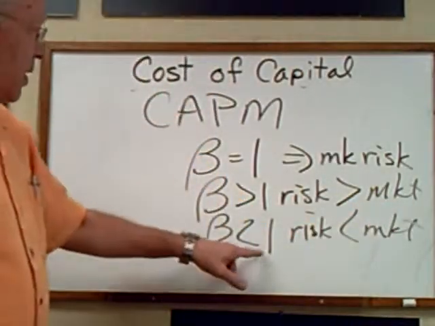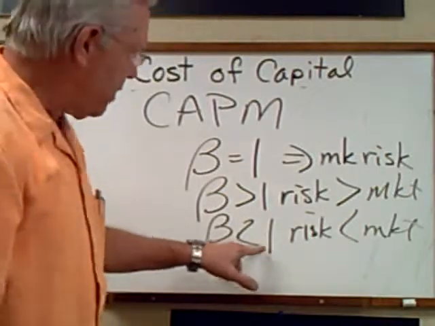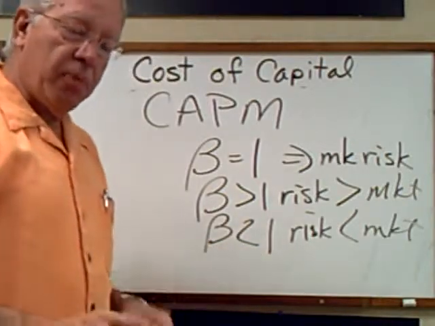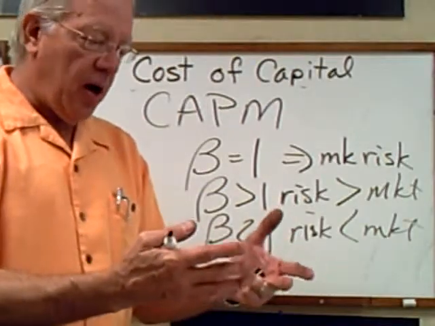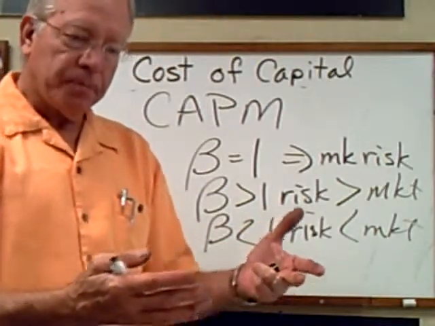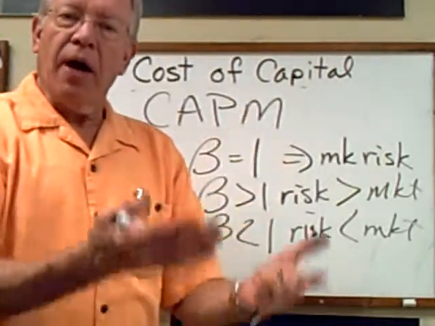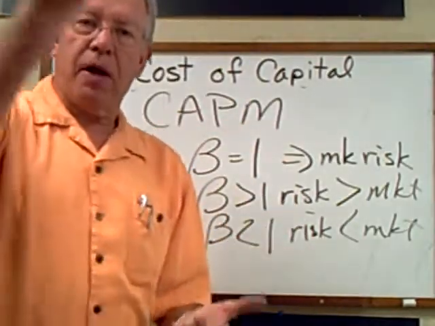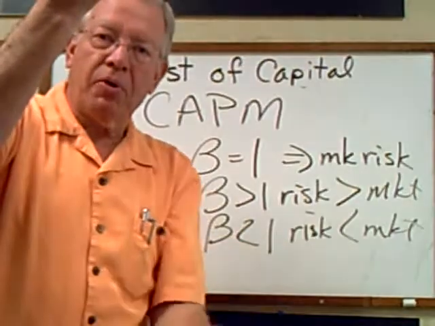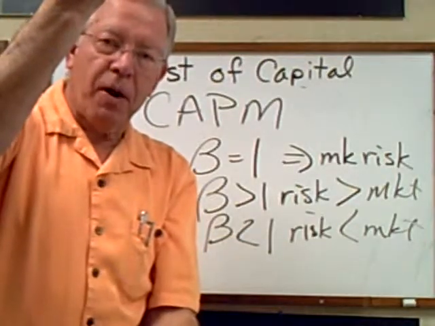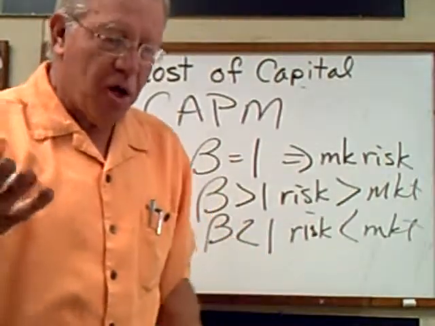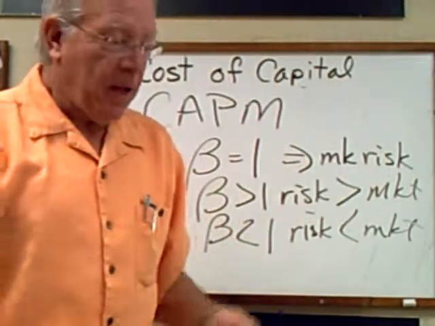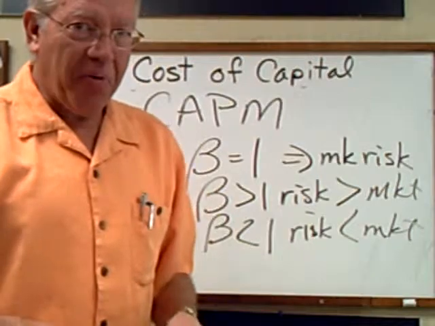Now, less than 1 also includes negative, and a negative beta would imply that the particular instrument being measured actually is not correlated with the market. If the market goes up, this stock will go down, and similarly, if the market goes down, this stock will go up. Many people say use gold as an example. However, today that's not really working out.